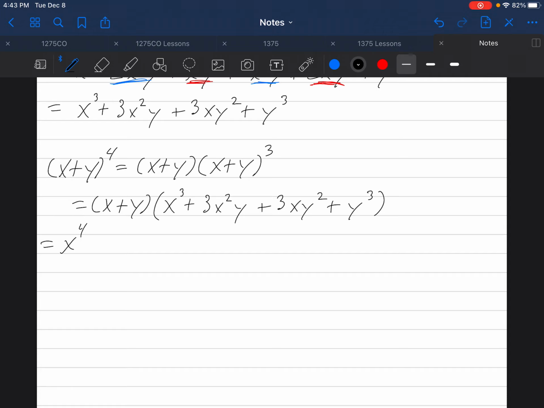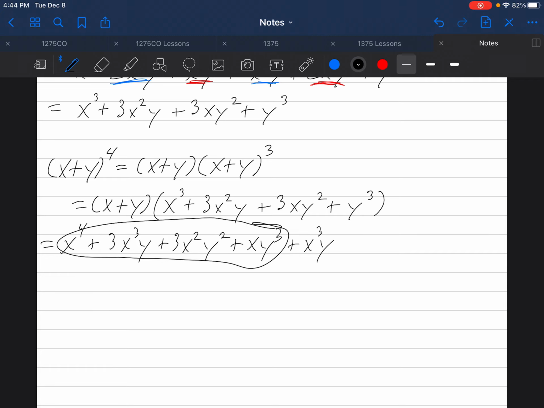X to the fourth power plus 3x to the third times y plus 3x squared times y squared plus x times y to the third power plus x to the third times y.